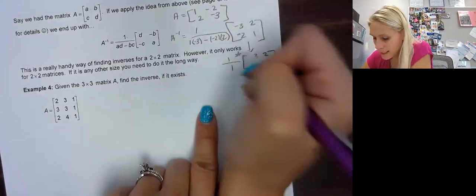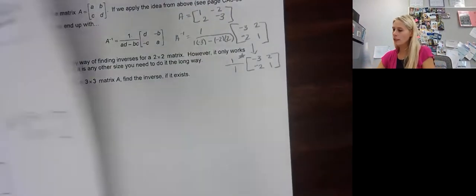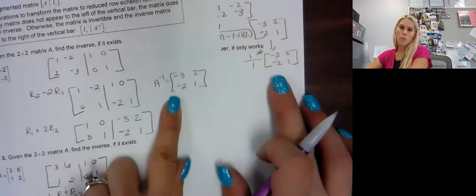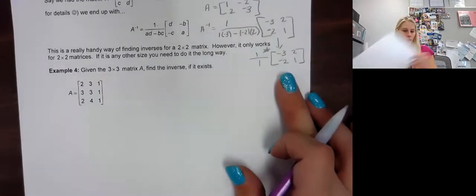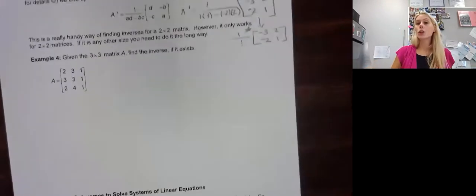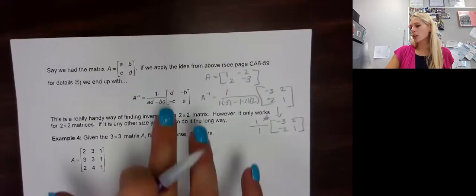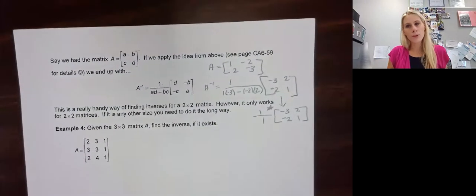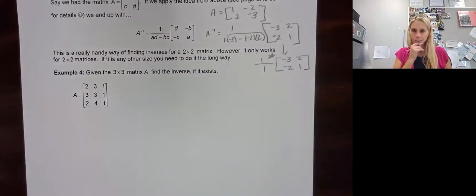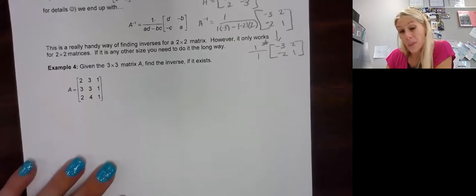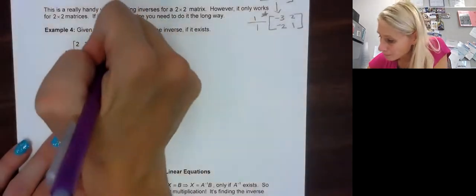We see this is example 2 right over here, that they are the same. So if it's a 2 by 2, we actually have a formula that we can use to get the inverse. However, that's the only size it works with. If we have a 3 by 3, we have to do the row reduction, okay? So let's test it out.